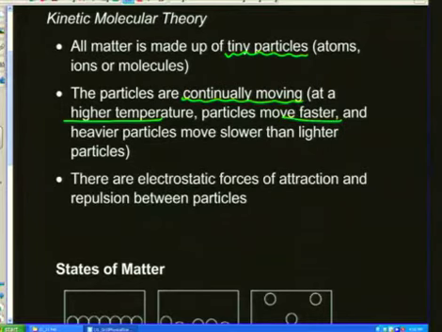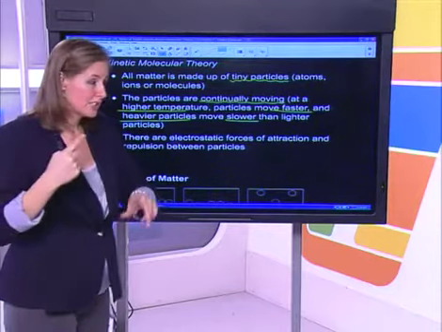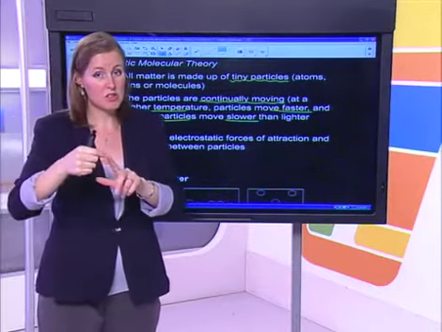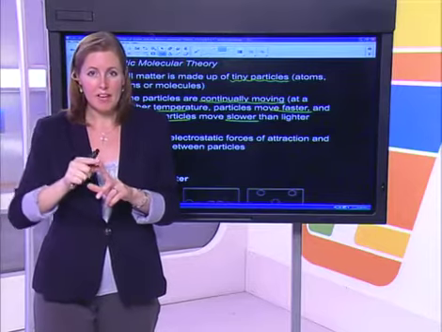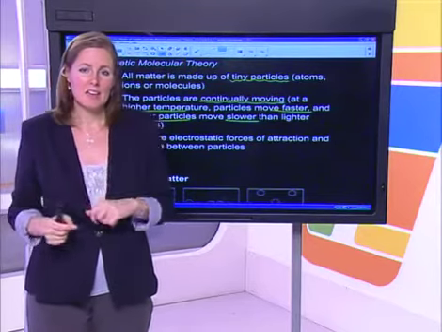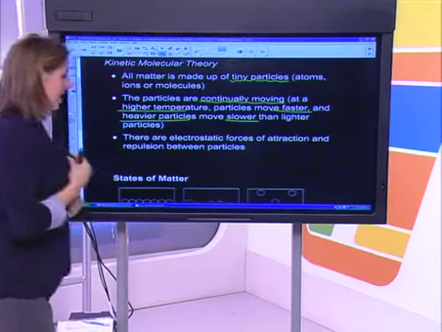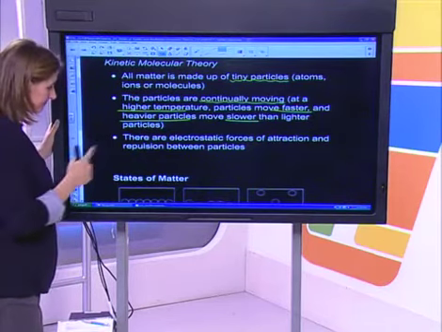And heavier particles would have to move slower because they've got very big mass, so they're going to move more slowly. So think those through. All matter is made of tiny particles. Those particles are always in motion, constantly moving, and that motion depends on two things: the temperature at which they are, and secondly, the mass which they are made up of.